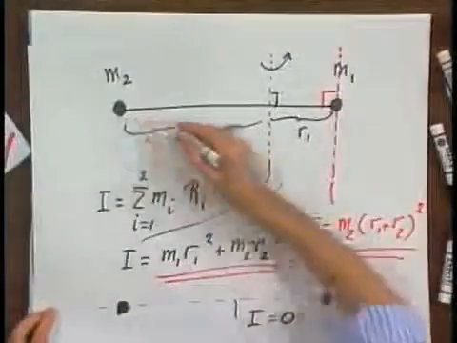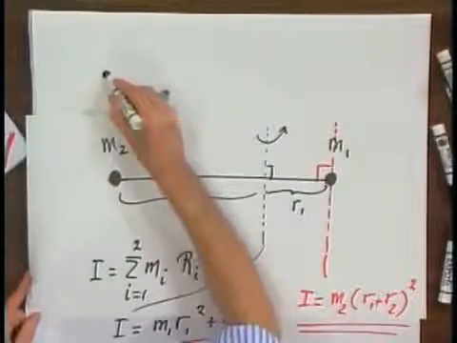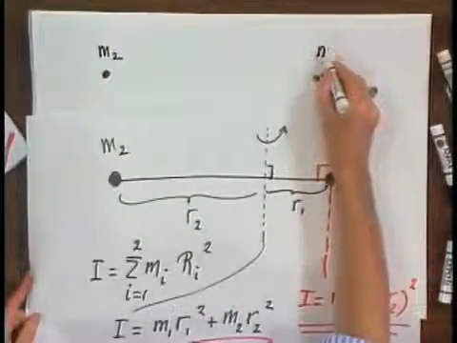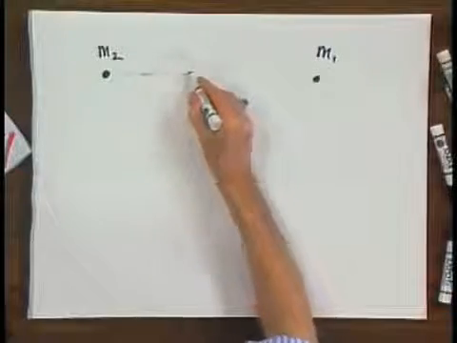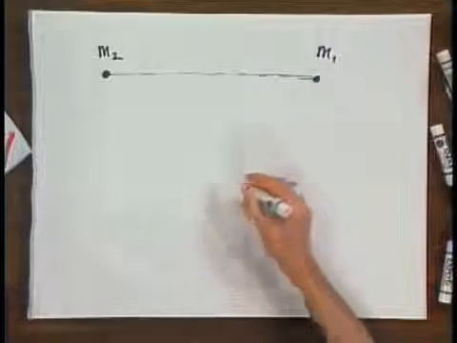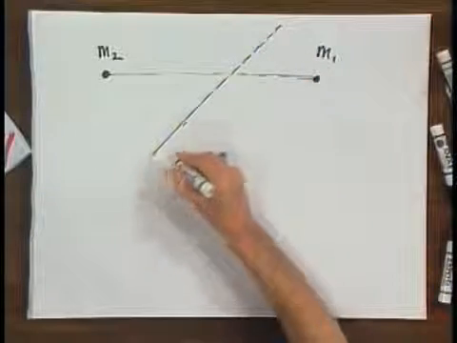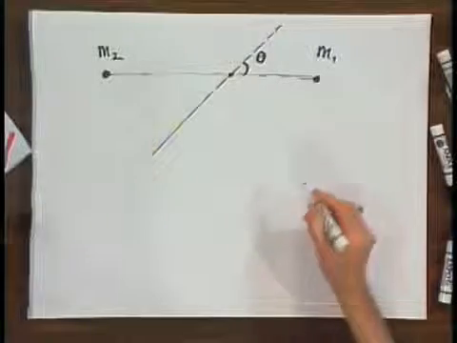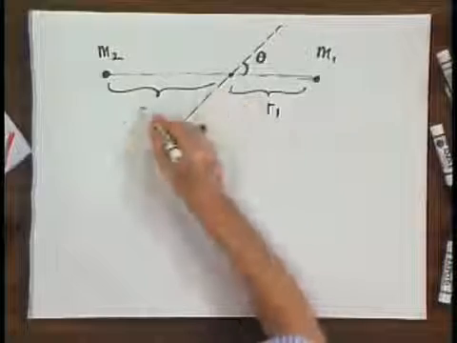If I continue with this rather artificial situation, whereby we have point masses, m2, and we have a point mass m1. Point mass means no finite size, and this is a massless bar that connects the 2. And if now I make them rotate about this axis at an angle theta, and this is r1, and this is r2.